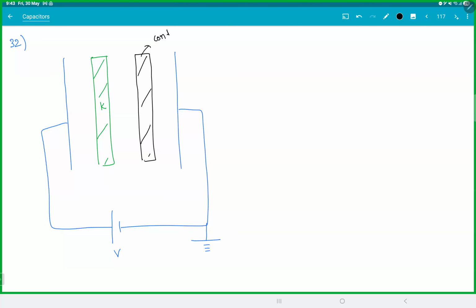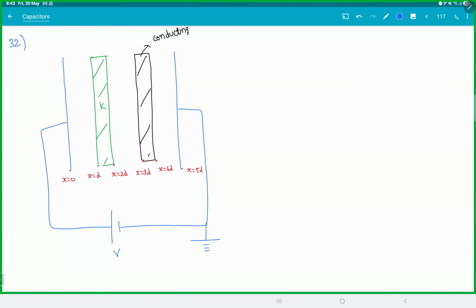So someone kept a conducting slab and a dielectric slab. This is x is equal to 0, x is equal to d, x is equal to 2d, x is equal to 3d, x is equal to 4d, and this plate is x is equal to 5d. So everything the distance is d. So the dielectric slab thickness is d, conducting slab thickness is d. Distance between the plates is 5d.